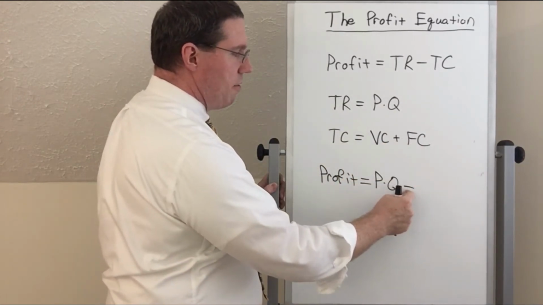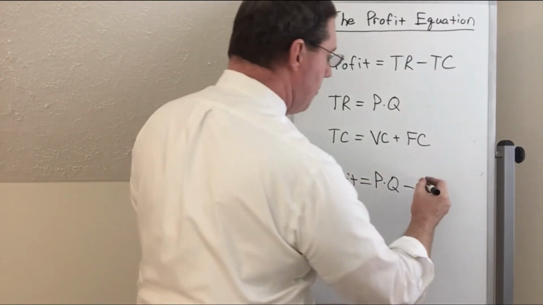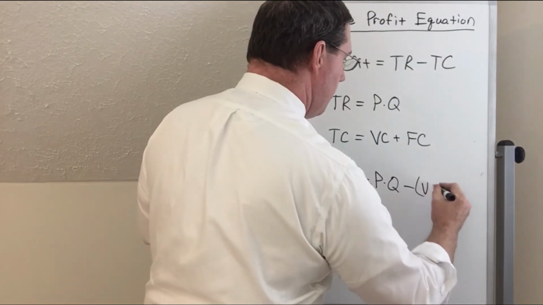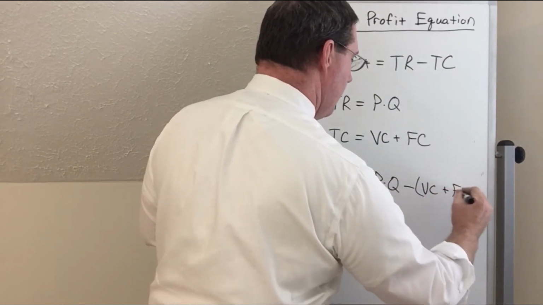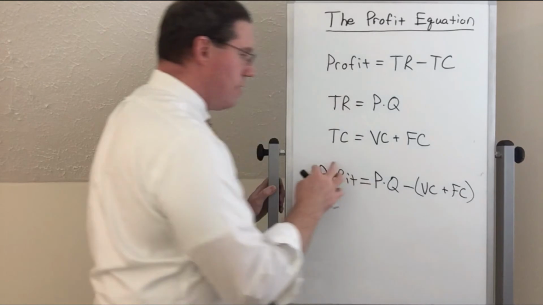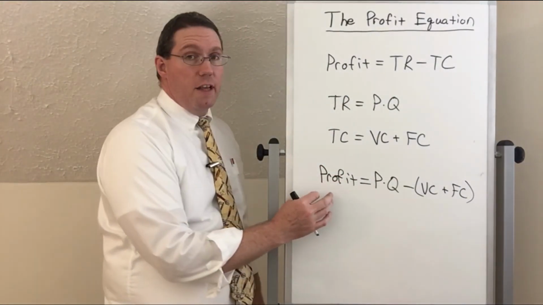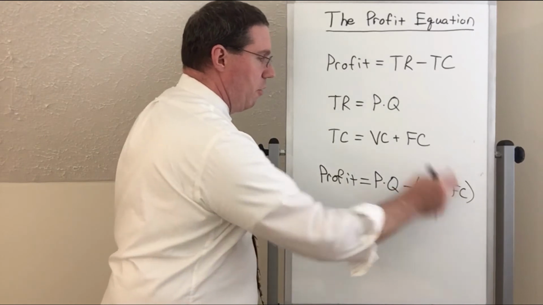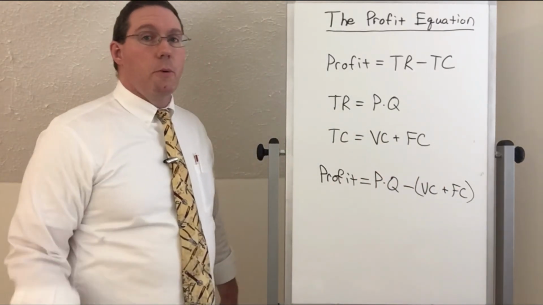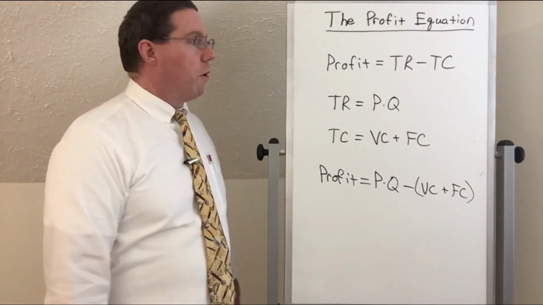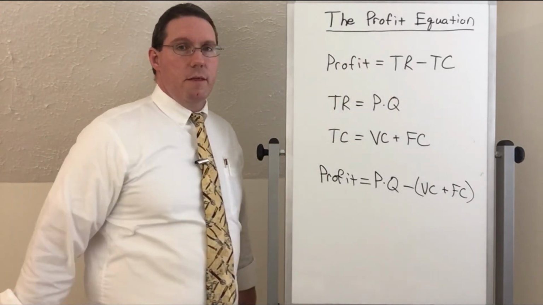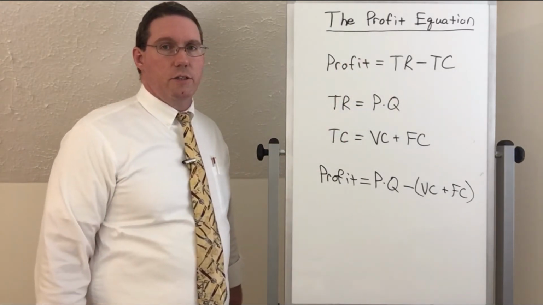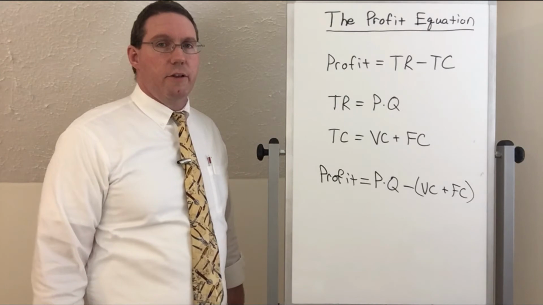Now, because I have a minus here and I have addition here, I have to put them in parentheses: variable cost plus fixed costs. And this now becomes our profit equation when we know the price, the quantity, the variable cost, and the fixed cost. Now what we're going to do is a few examples where we sort of rearrange and mix up these variables and just get you used to doing these calculations.